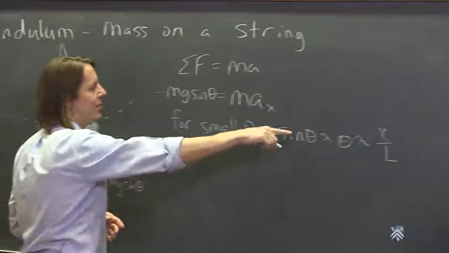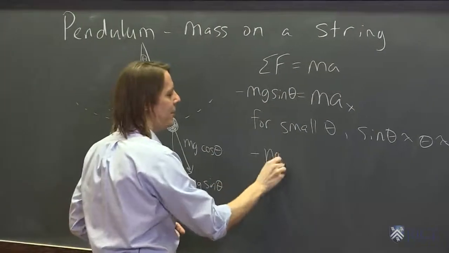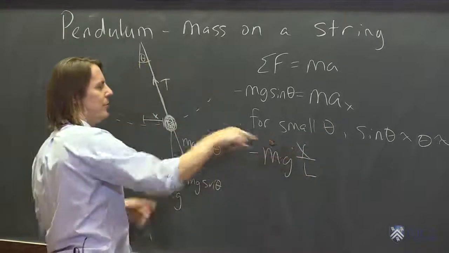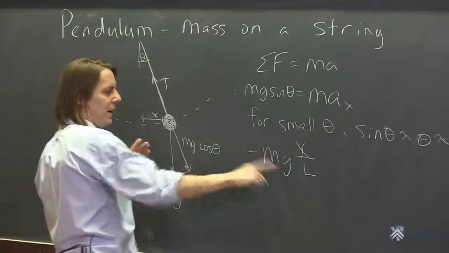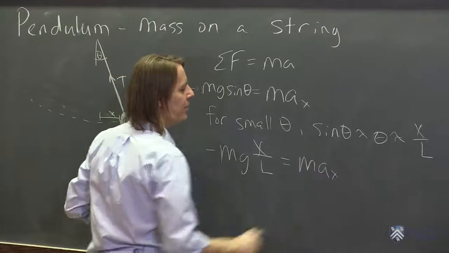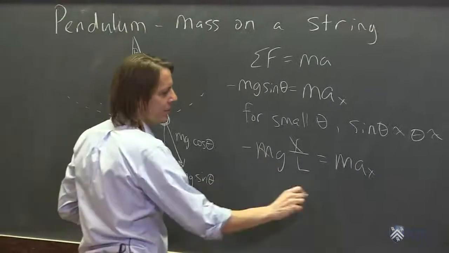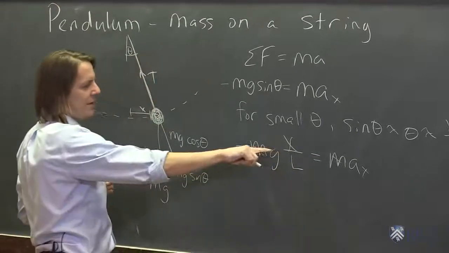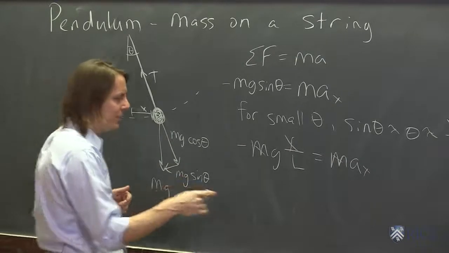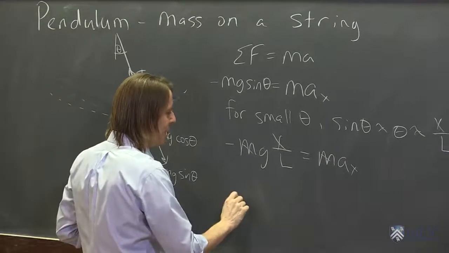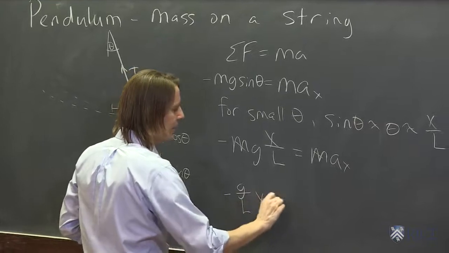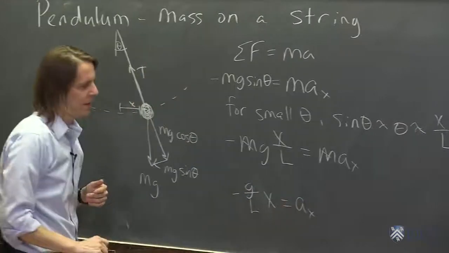If we put all that together, you get minus mg x over L, where x is your position away from 0 and L is the length of the string, equals mass times acceleration in the x, and we cancel the masses, and we see this form of the equation that I've told you gives us simple harmonic motion, and that is minus g over L x equals a_x.